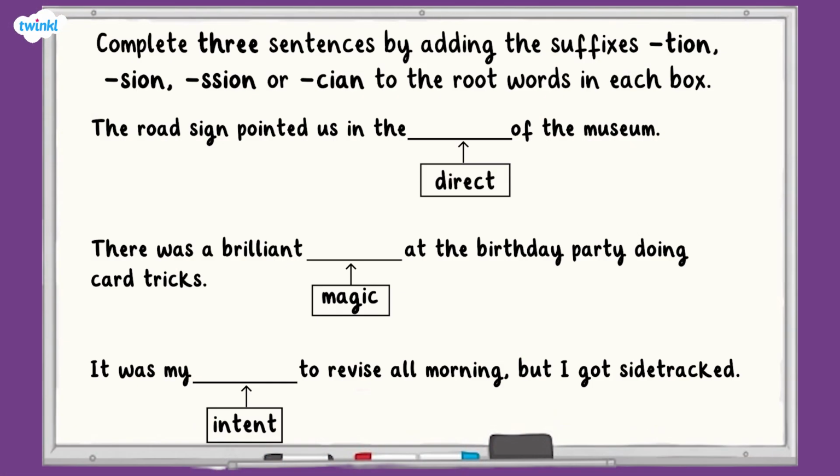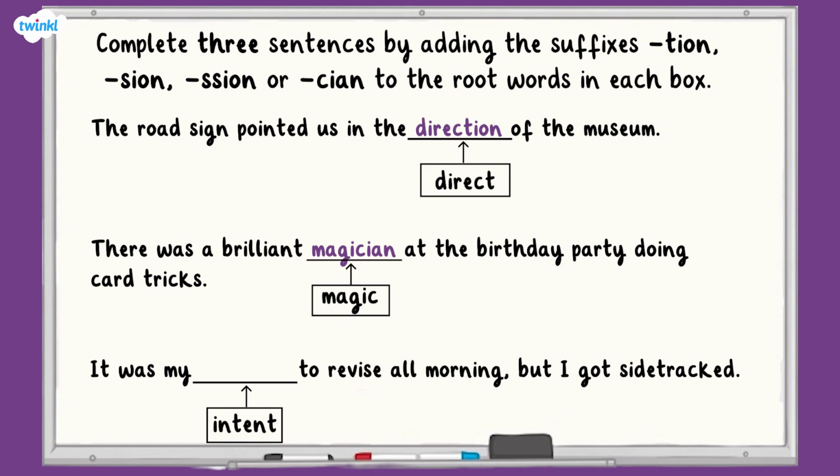Let's take a look at the answers together now. In the first sentence, direct ends in a CT. So to create direction, we need to use the tion suffix. Direction is spelt direction. Magic in the second sentence ends with a C. This means we use the cian suffix to create magician.